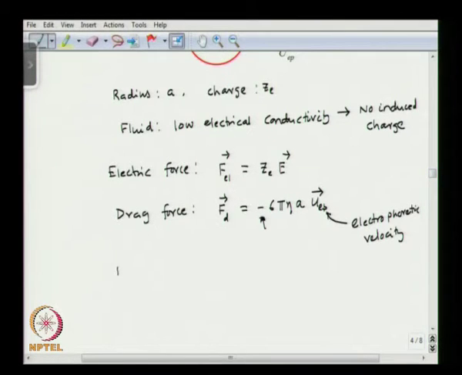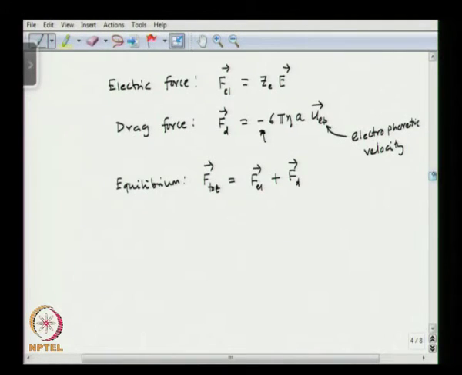So for equilibrium, the total force is F electric plus the drag force, and so we can write that Jd into electric field is going to be equal to 6 pi eta a into electrophoretic velocity.